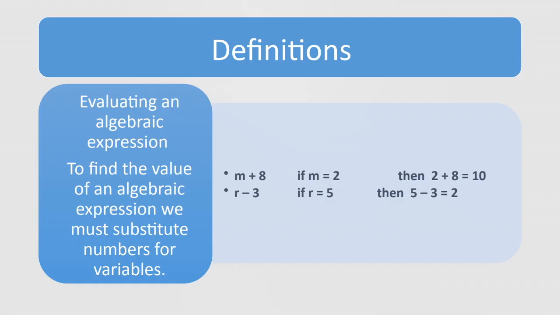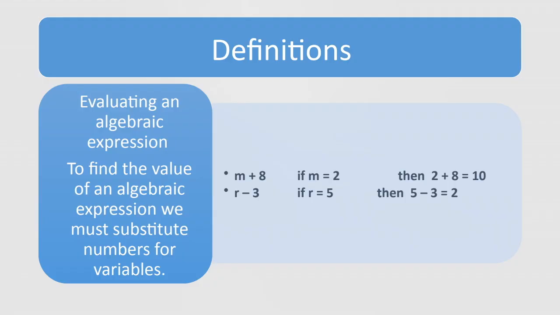But for the most part, actually, we're going to talk quickly about evaluating. So again, because these letters are taking place of numbers, we can sub numbers into this. So sometimes we'll see in this, I think in the second part of algebra, we'll start doing some substitution. But if I have m plus 8 and I'm letting m equal 2, then the m can get subbed into this expression of m plus 8, and we can say 2 plus 8, so we're putting the 2 in for m, is equal to 10.